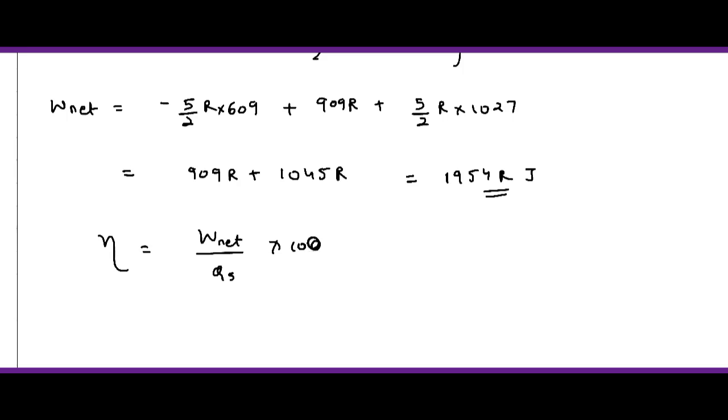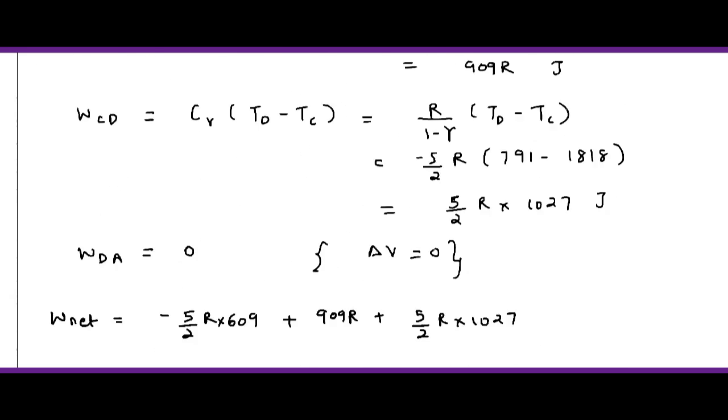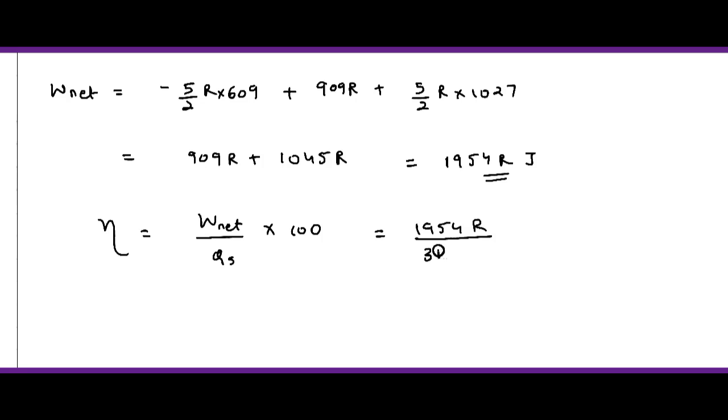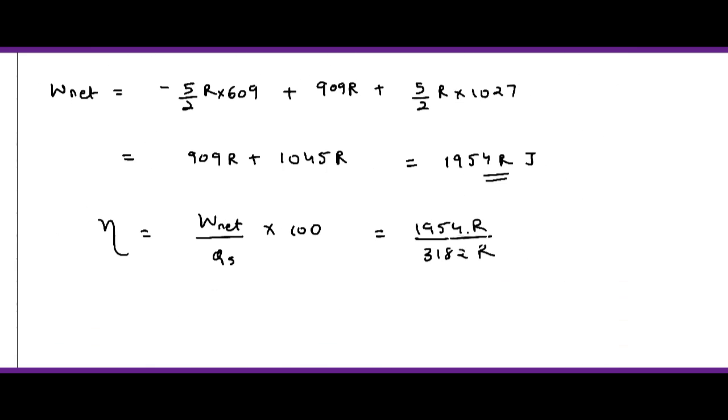W net we have calculated as 1954 R, divided by the heat supplied, which we have calculated as 3182 R. We can divide both of these, and the efficiency in percent comes out to be 0.614 into 100, that is 61.4%.